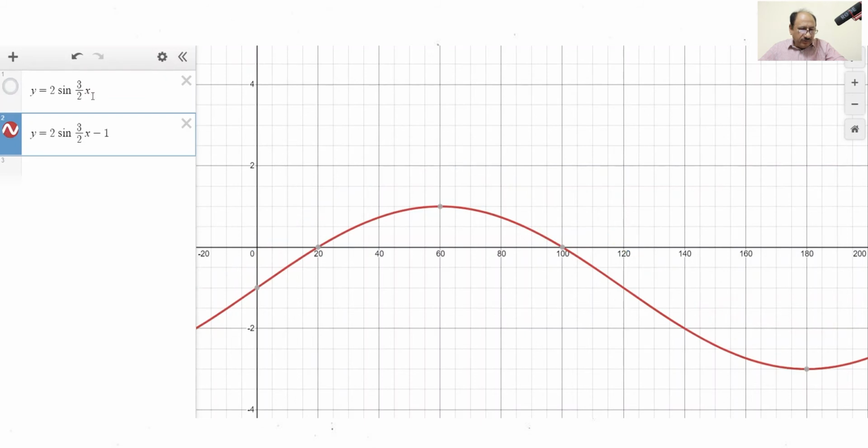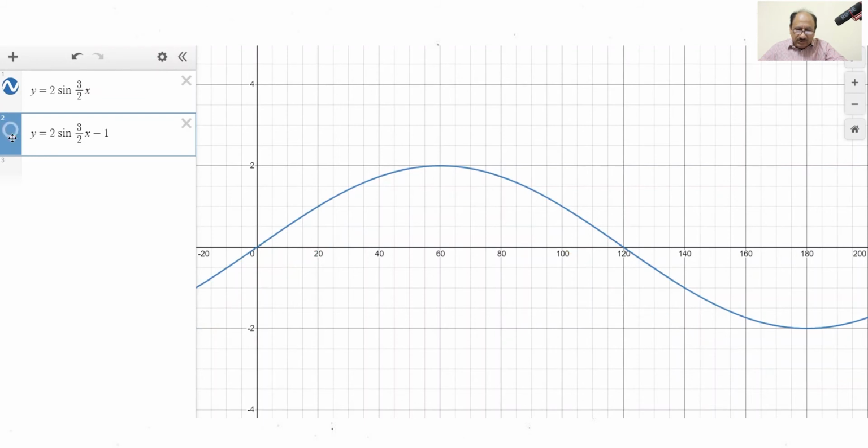If we remove this minus 1, it is moving up like this. So the original graph is this one, 2 sine 3 by 2x, and this is the translated graph. By adding minus 1, you moved this one. Hopefully you understood this also.